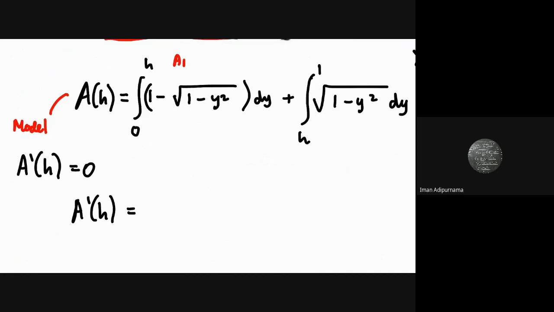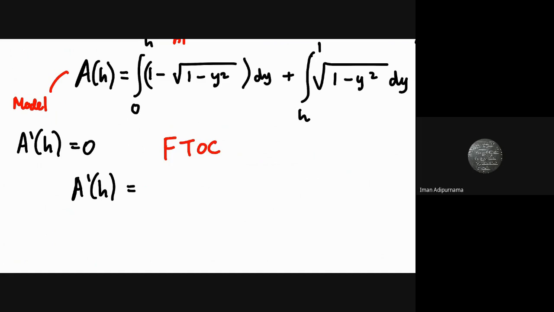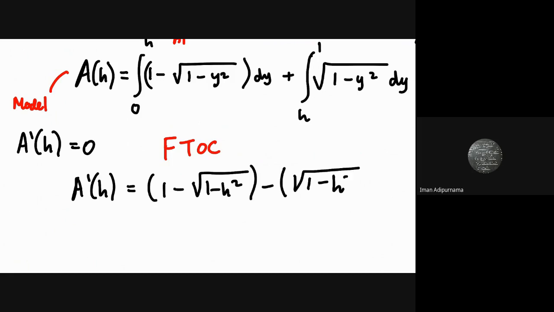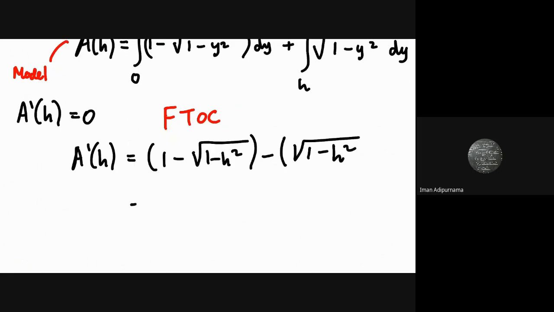The derivative will be solved by the fundamental theorem of calculus, which gives 1 minus h, 1 minus h squared. So we will have 1 minus 2 times the square root of 1 minus h squared equal to 0.